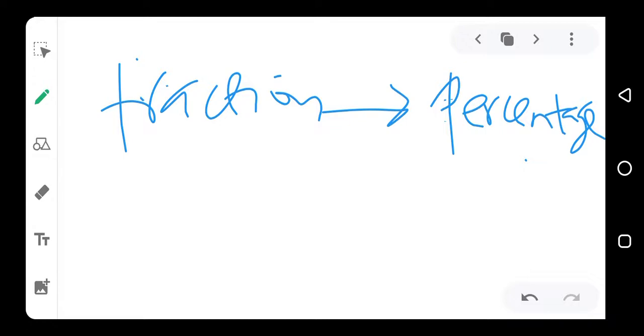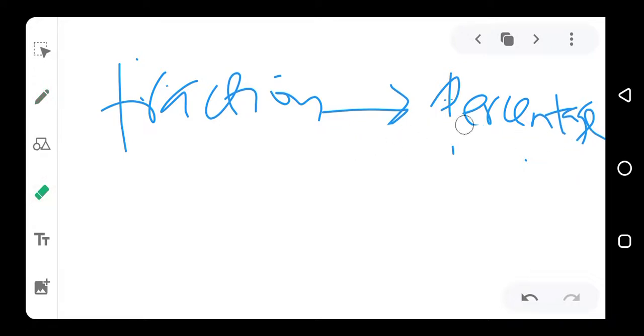We've talked about percentage, so we want to look at how to convert fraction to percentage. We also are going to learn how to convert percentage back to fraction. So these are the two things we're going to learn in this lesson: how to convert fraction to percentage and how to convert percentage back to fraction.